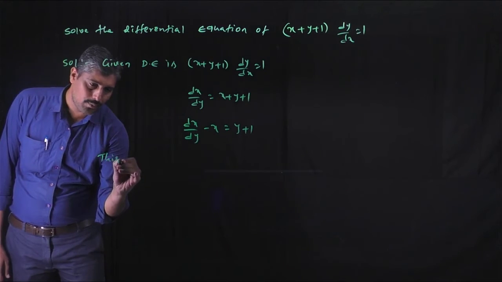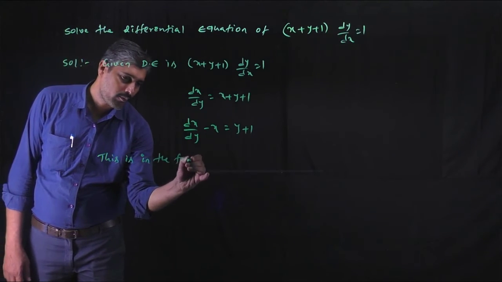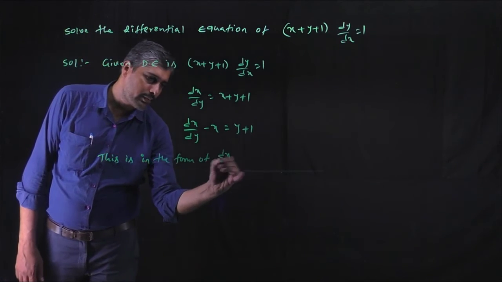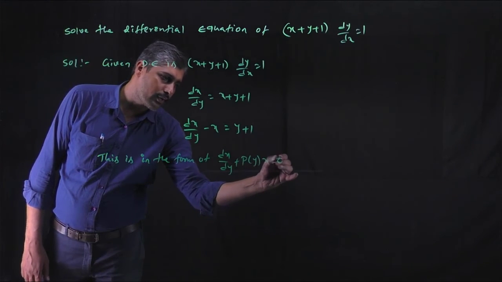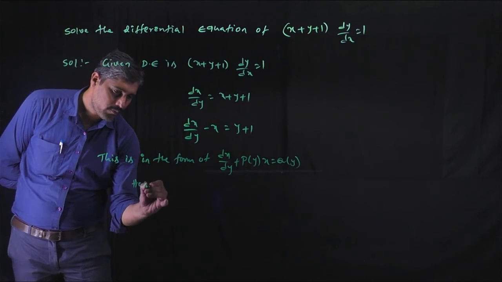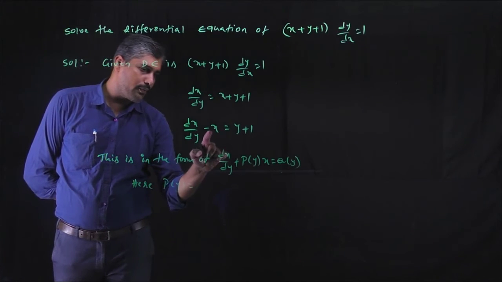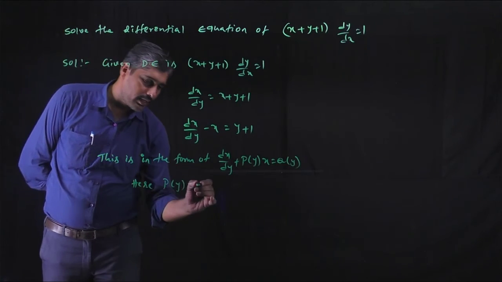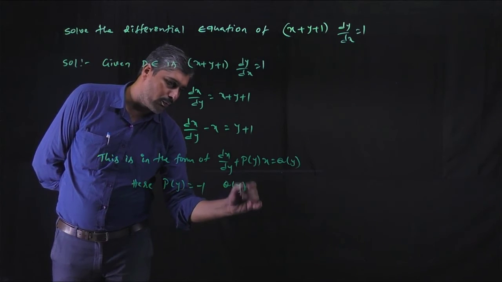This is in the form of dx by dy plus p of y into x equal to q of y. Here p of y equal to minus 1, and q of y equal to y plus 1.